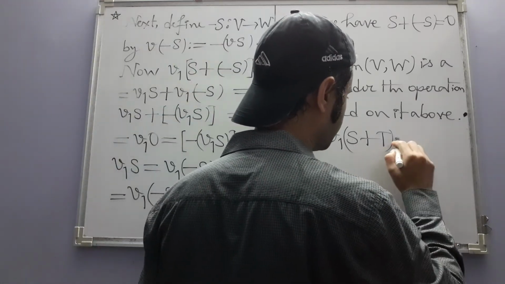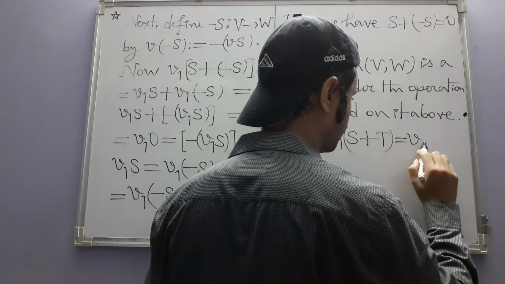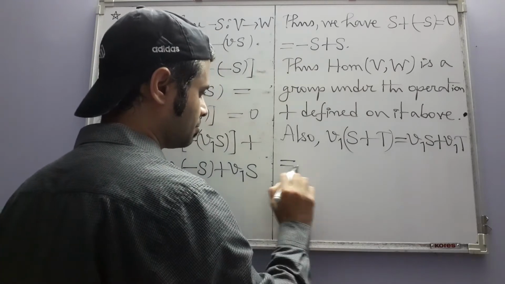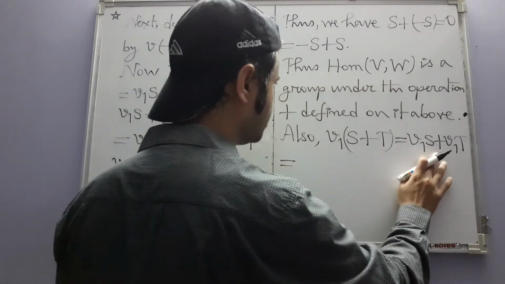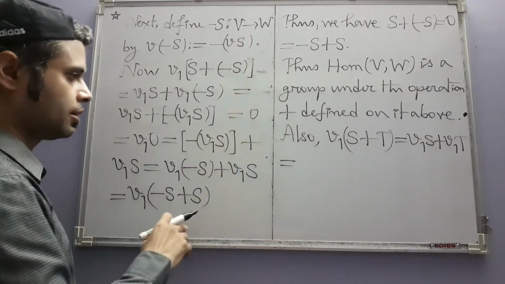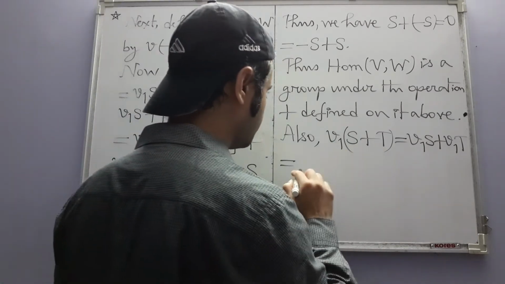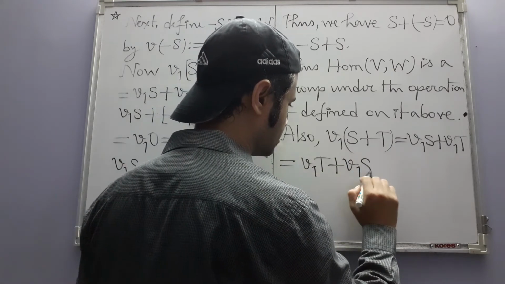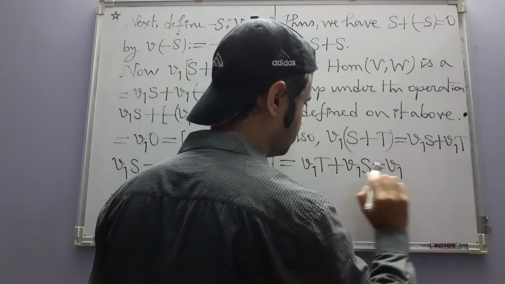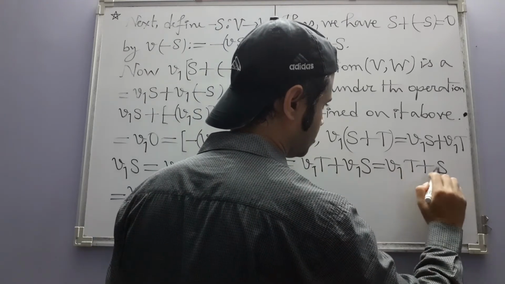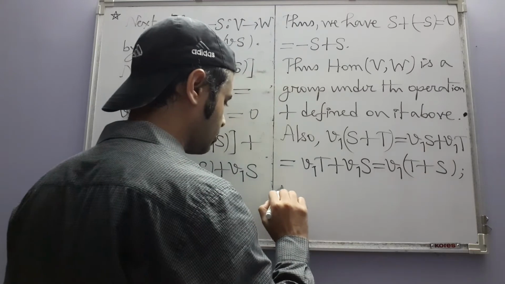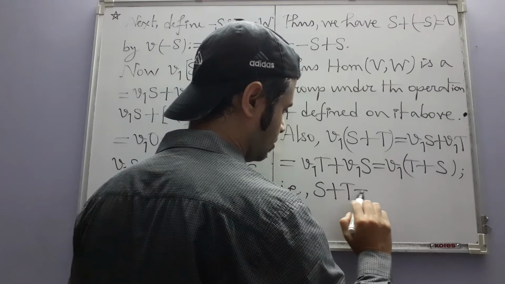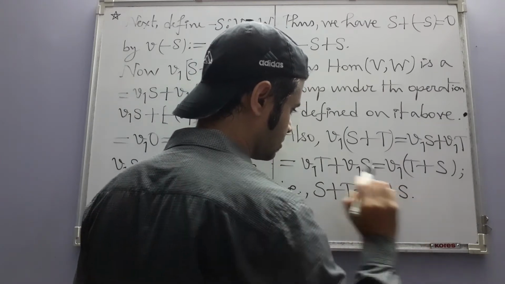So these are two elements coming from that hom set. v1s plus v1t, but because vector addition in the space W is a commutative operation, we can write v1t plus v1s, that is equal to v1 (t plus s), i.e. s plus t equal to t plus s.